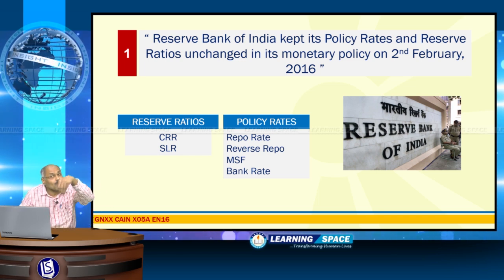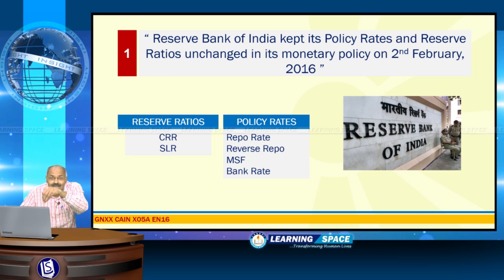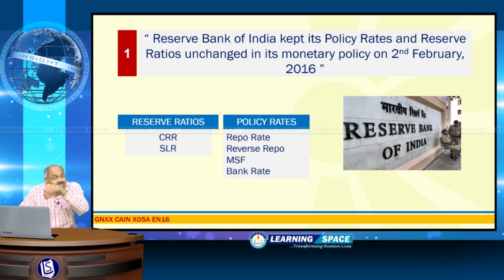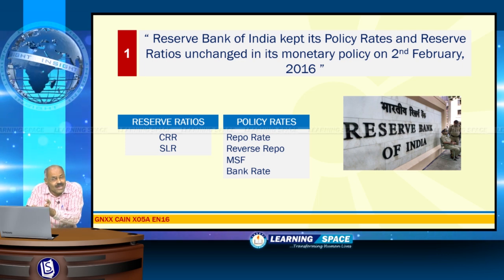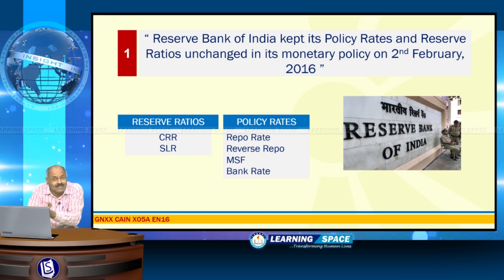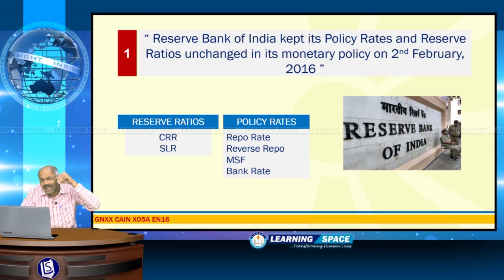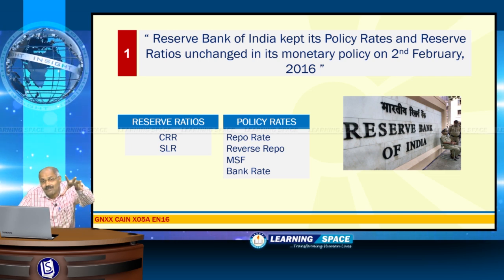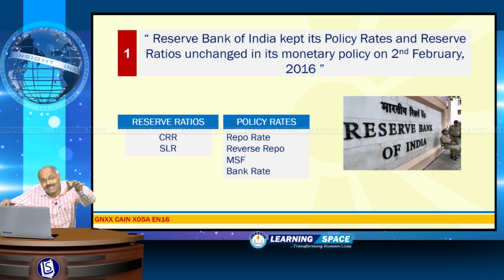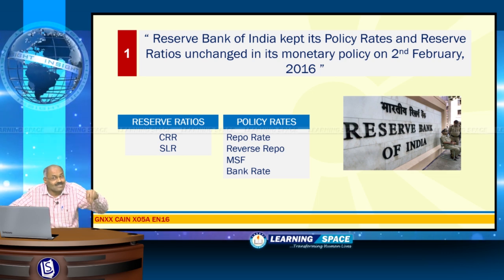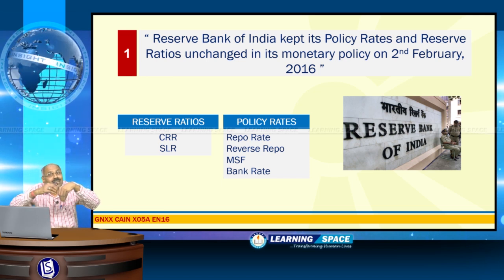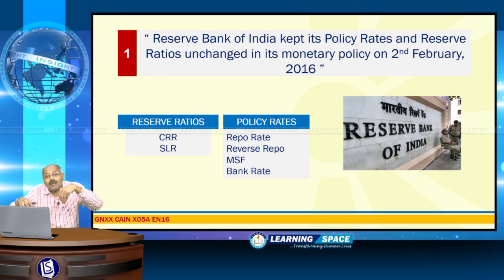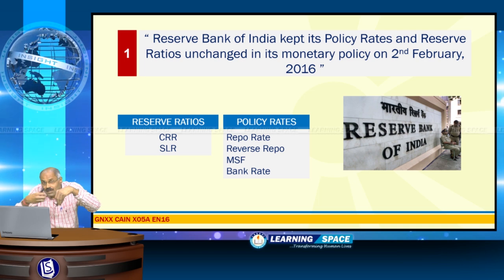And at the same time, policy rates are repo rate, reverse repo rate, marginal standing facility, bank rate. These are the interest rates where RBI looks at it in the monetary policy, and they give signal to the market with regard to the general interest rates. At present, repo rate is 6.75%. That is the rate which RBI charges from banks when banks borrow money for short term.